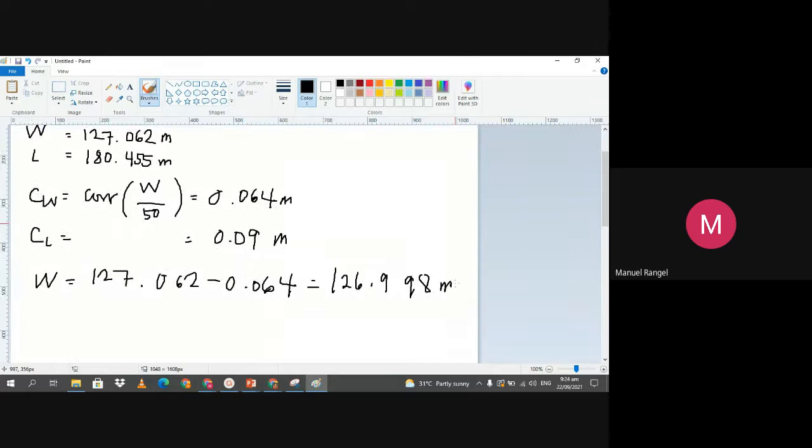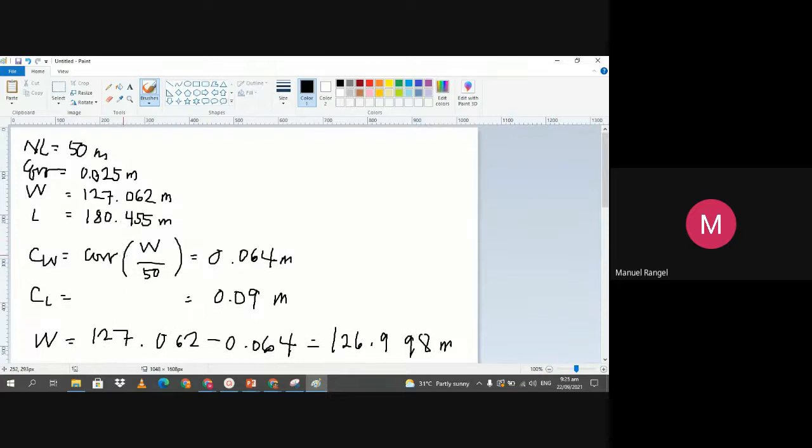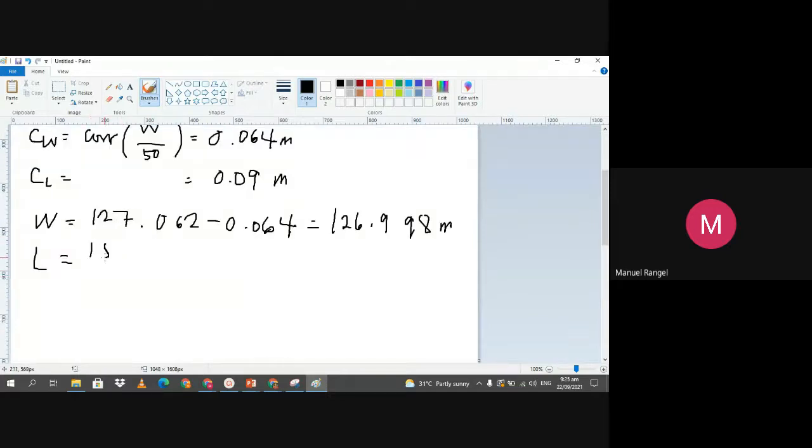Okay, for the length, 180.455 minus the correction for length, which is 0.09.